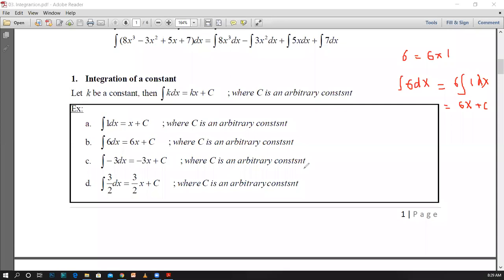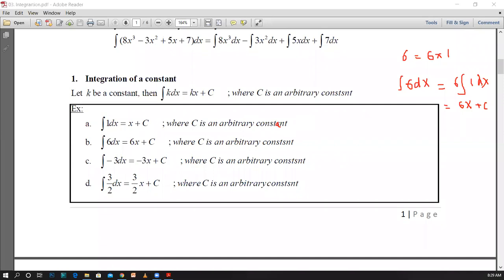And the next important thing you have to keep in your mind is, when you are adding this arbitrary constant, since it is actually the same thing that we are adding for the final answer, you have to define what this c is. Therefore, you can say for each and every point, c is an arbitrary constant. You have to type it here.